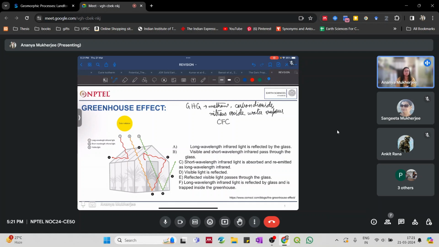So those are chlorofluorocarbons. Okay, so these are the primary greenhouse gases, and most of them are occurring naturally, but some of them are also generated due to prolonged use of aerosols. So CFCs are a part of those.